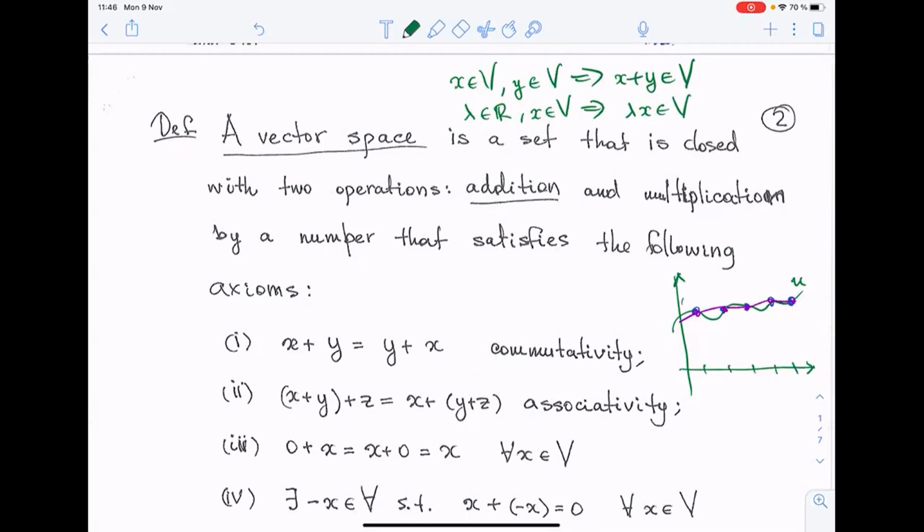It shouldn't be surprising: if you take two tools from the box, add them, and the result doesn't belong to that box, this is not a vector space.